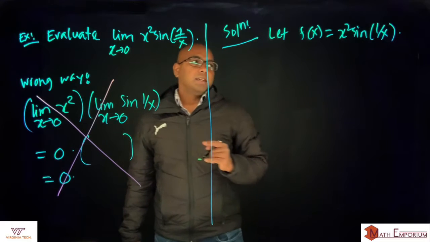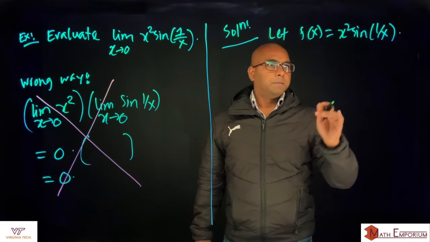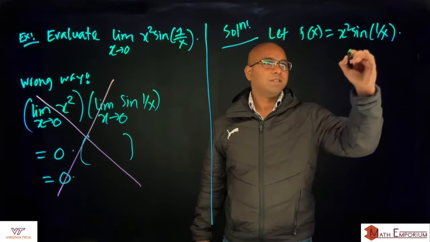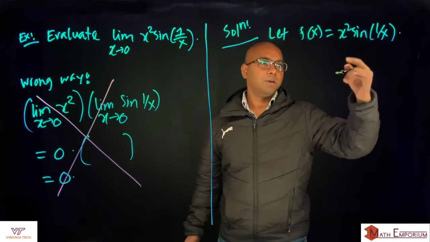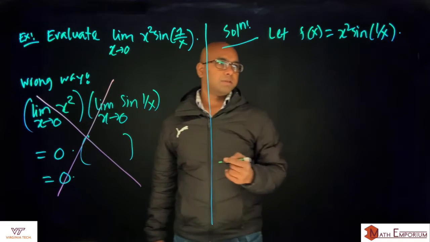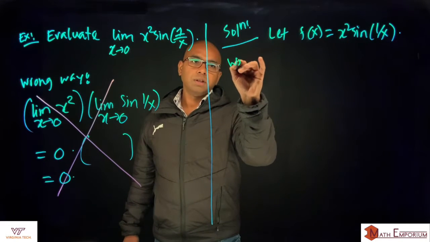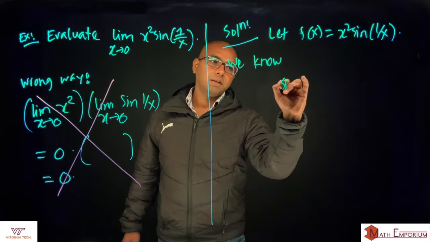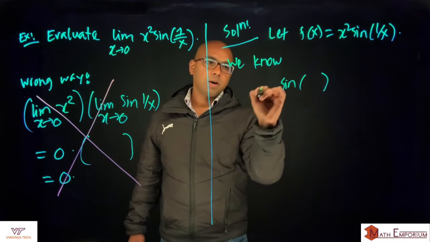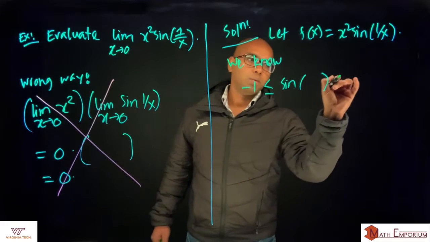The key idea here is one of the important properties of sine: sine theta, and also cosine, of anything is always between -1 and 1.